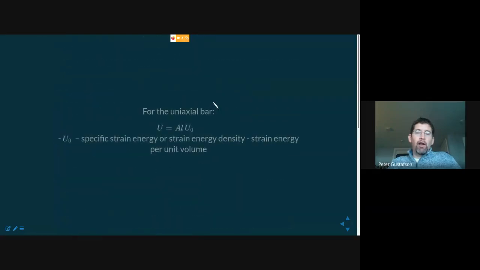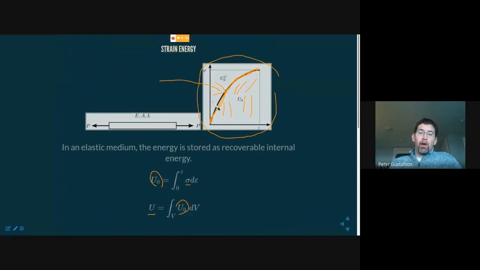What we saw here was that strain energy density was the integral of stress d-strain, and we saw it as the area under the curve.